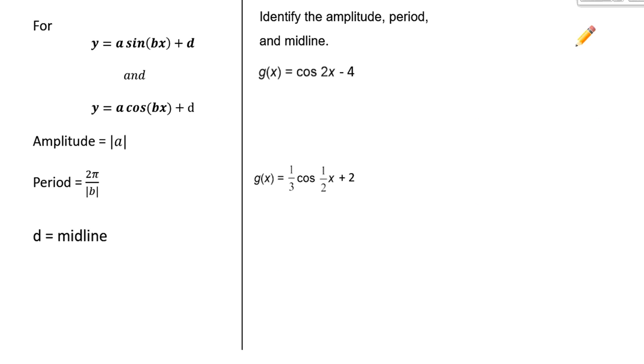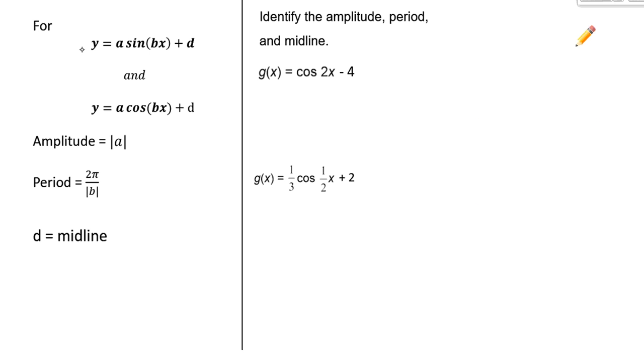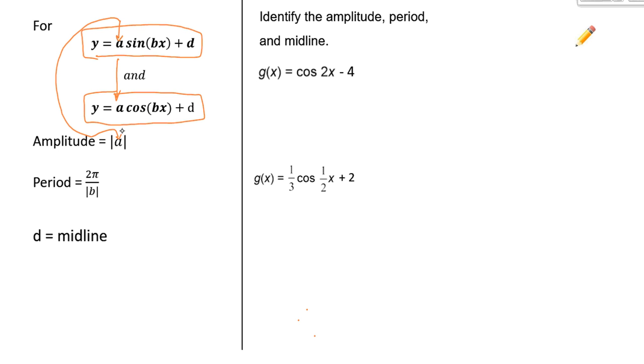Okay, so these are the basic generic forms of sine and cosine functions. There will be one more piece to it, but for now we're just going to deal with this type. Three variables here: a, b, and d. This number out in front, you remember when we multiplied by 4 out there, or 1/4, it changed the amplitude. So when you look at these equations, whatever that number is out in front is the amplitude.